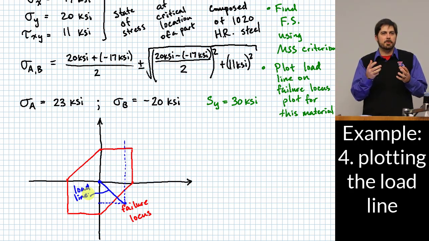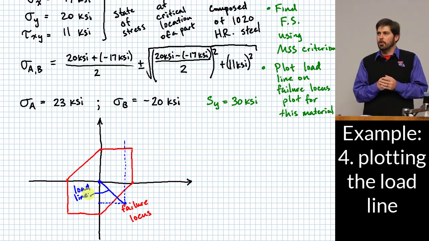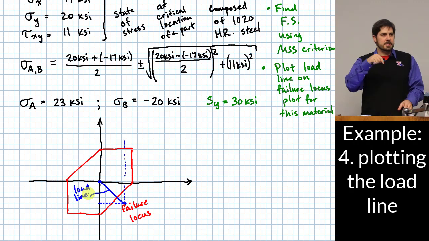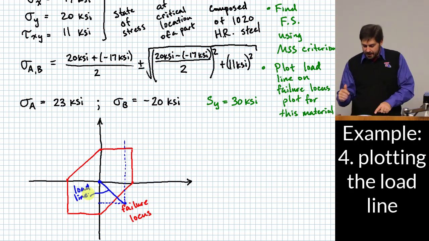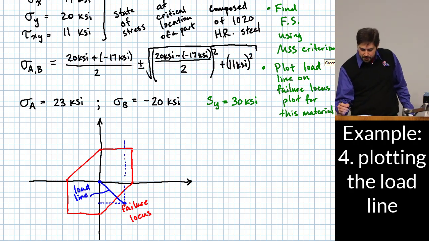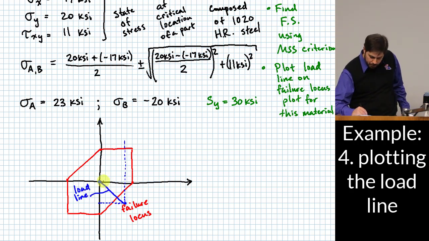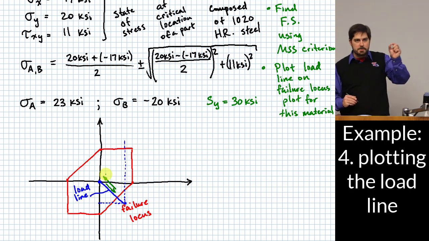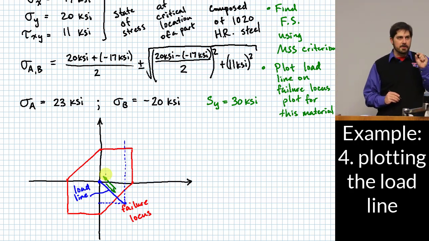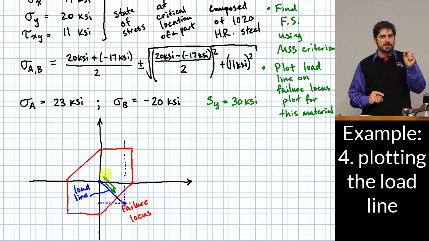So that can happen a lot of times, where all of your different components of stress increase proportionally to each other as you increase the amount of applied load. What that does in terms of this load line is, if you were to increase or decrease the load, increasing the load would push you further out on this load line. Decreasing the load would pull you in along this load line, but you would always be on that line if all of your different elements of stress stayed proportional to one another.